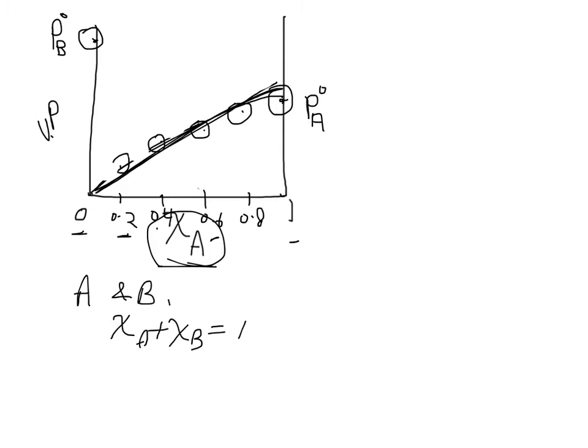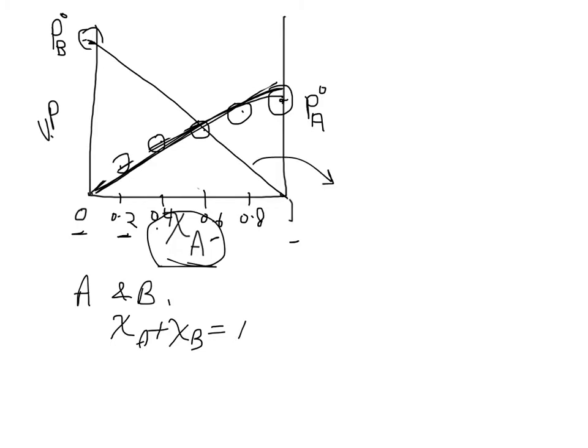Likewise, if you try to vary and measure out the vapor pressure of the system for each of the components, and now you keep the B in mind, essentially you would have a curve which will look like a straight line, which will go from the origin to that part.